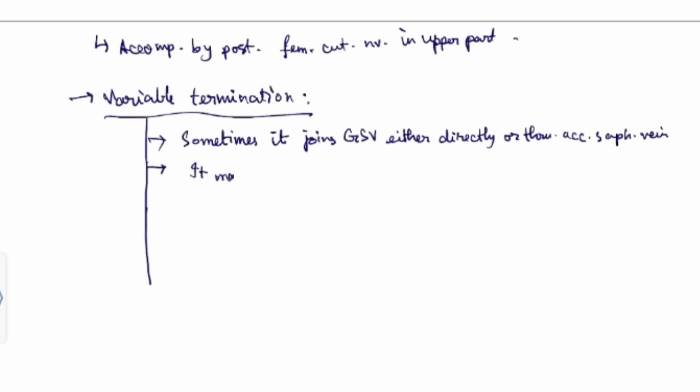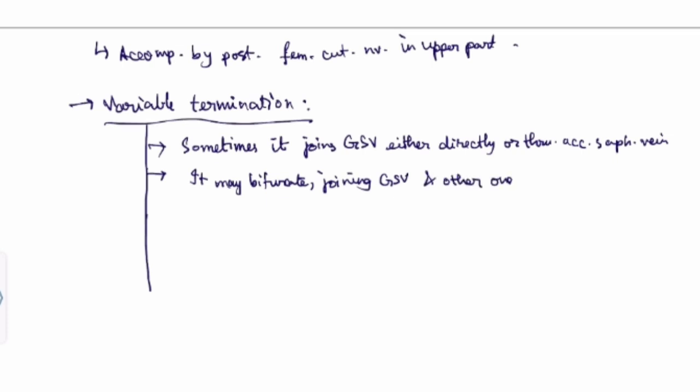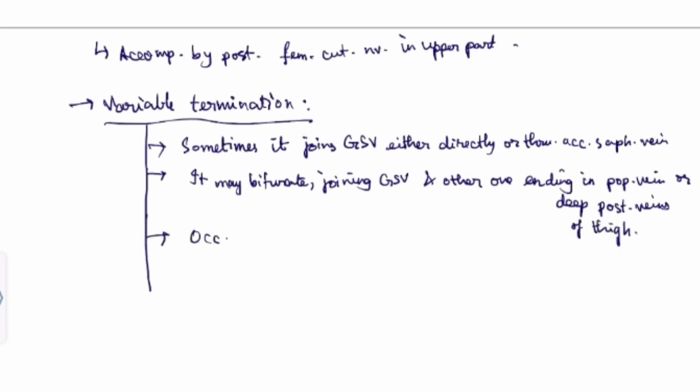Sometimes it may bifurcate, one joining the great saphenous vein and the other one ending in the popliteal vein or other deep posterior veins of the thigh. Occasionally, it may fail to reach the knee and end in the GSV or deep veins of the leg.